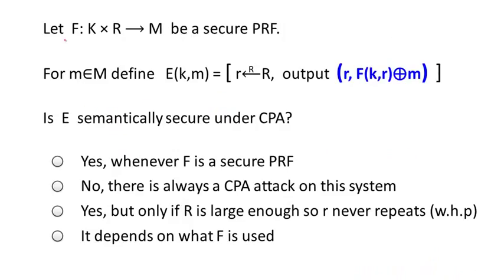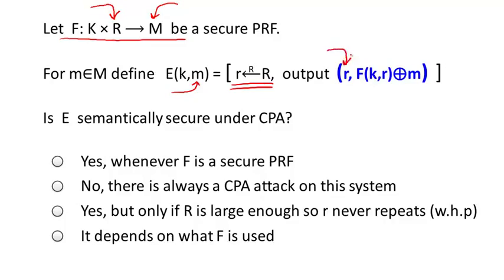So imagine we have a pseudo-random function that takes inputs in a certain space R, which is going to be called a nonce space, and it outputs in the message space. And now let's define the following randomized encryption scheme. When we want to encrypt a message M, what the encryption algorithm is going to do is first it's going to generate a random r in this nonce space R, and then it's going to output a ciphertext that consists of two components.